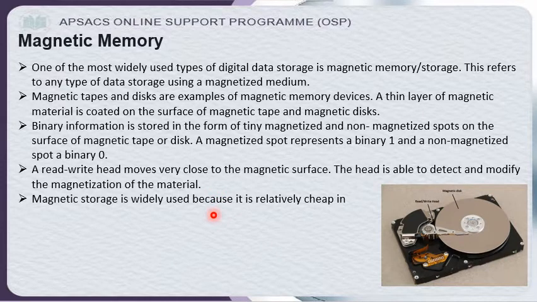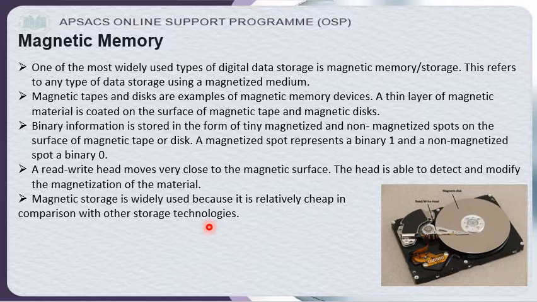Magnetic storage is widely used and is cheaper as compared to other storage technologies. If you compare it with chip memory, let's take a practical example. If you want to buy 8 GB of RAM, its price will be nearly 2000 or 3000.